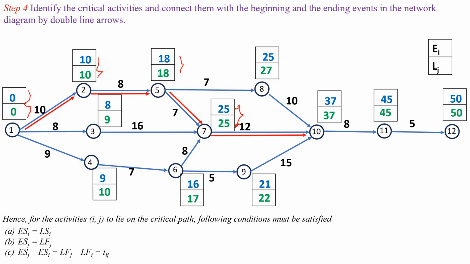And also for the activity 7 to 10, and for the activity 10 to 11, and finally activity 11 to 12 also, earliest event time equals the latest event time.